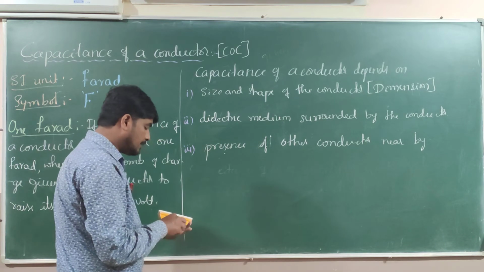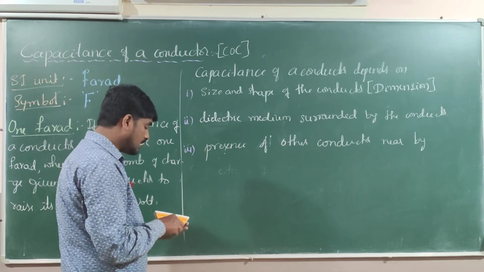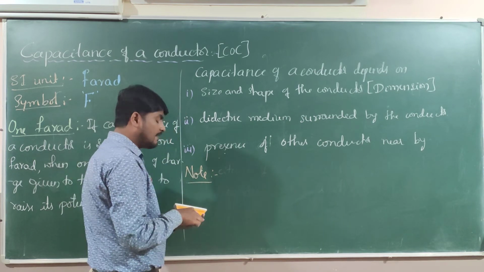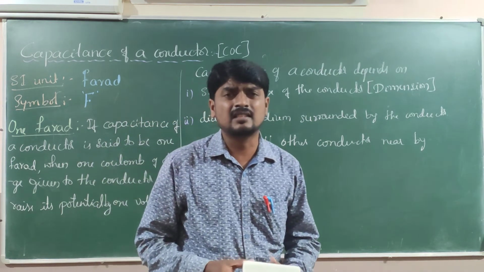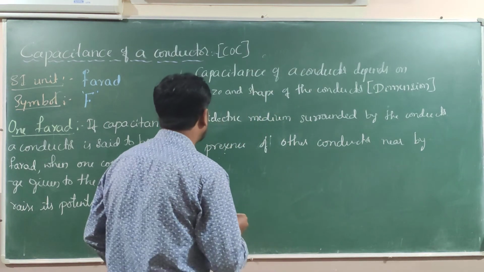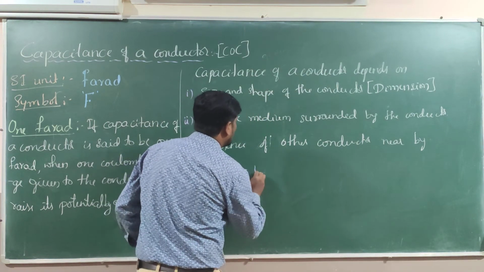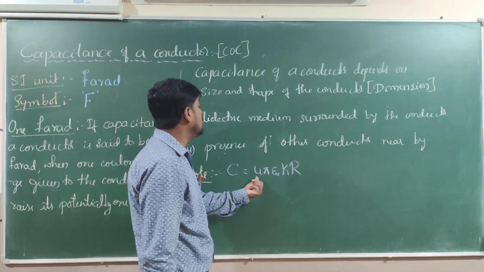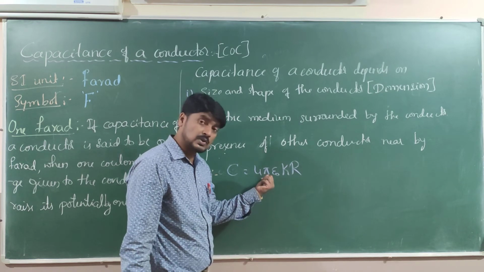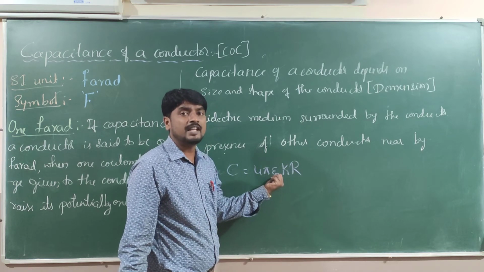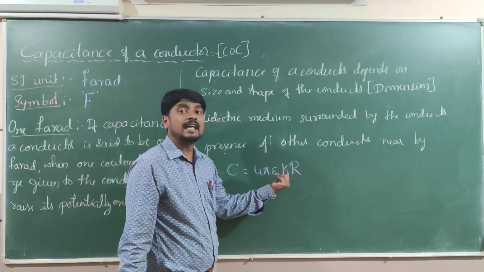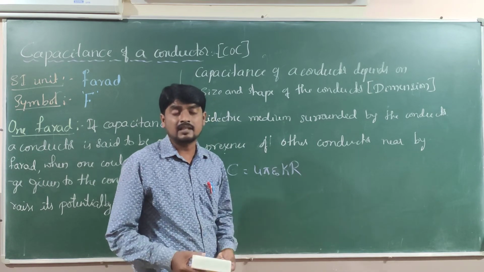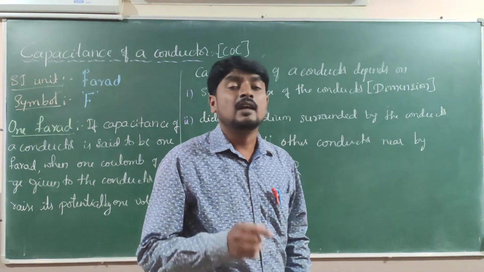For those who are planning to appear for the exam, I am giving an extra important number. The capacitance of the earth is calculated using the formula C equals 4 pi epsilon naught K R. We know 4 is constant, pi is constant, epsilon naught, the absolute permittivity, is also constant, K is the dielectric medium, for air it is 1, and R is the radius of the earth, that is 6,400 kilometers.